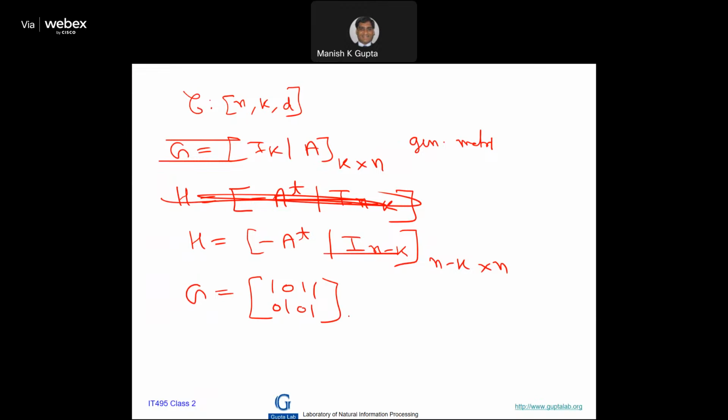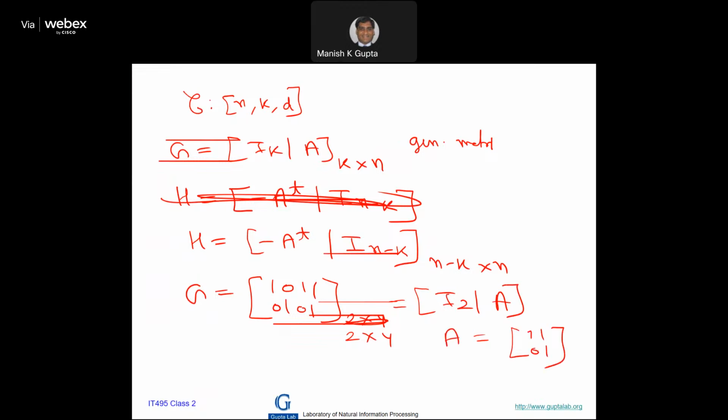This is 2 cross 4, so I can see that it is [I2 A], where A is 11 and 01. This is a standard generator matrix. I have to find H. What will H be now?